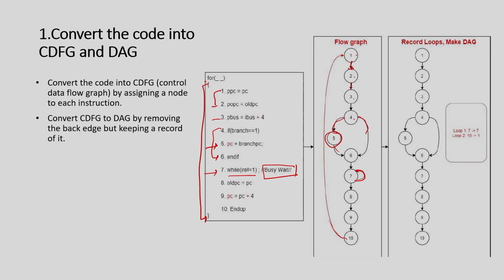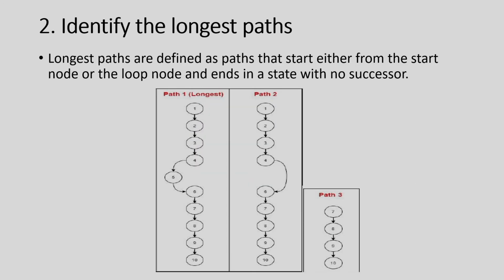Okay. Now, the first thing is you identify this program and convert it into this, and the question is how do you identify the longest paths and which longest paths we have to identify. For an if-else it is fine, but if there is a loop, that loop is going to iterate many times. So, the important point here is that the longest path obviously will start from the start state and end in the end state.